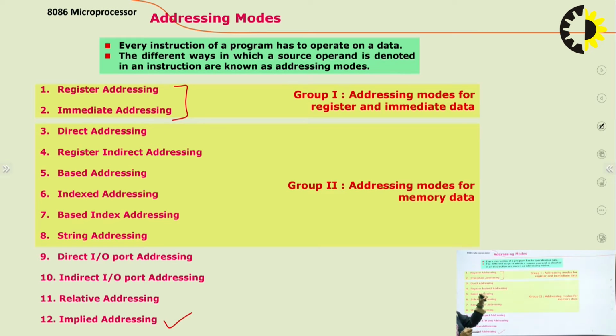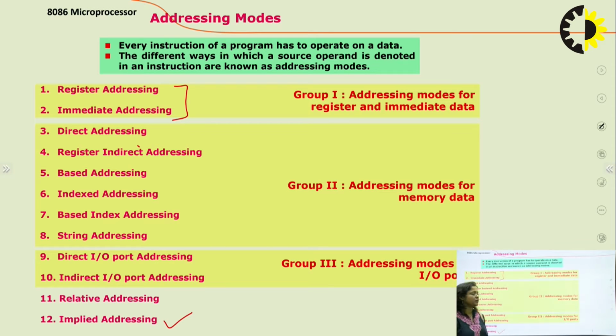So using a combination of one or more, the various addressing modes are: direct addressing mode, where only displacement is specified; register indirect addressing mode, where either a base or index register is specified; base addressing mode, which consists of only a base register; index addressing mode, which consists of only an index register; base index addressing, which consists of base plus index; and string addressing mode, which consists of the segment plus source index and destination index registers. Next is direct and indirect IO port addressing.